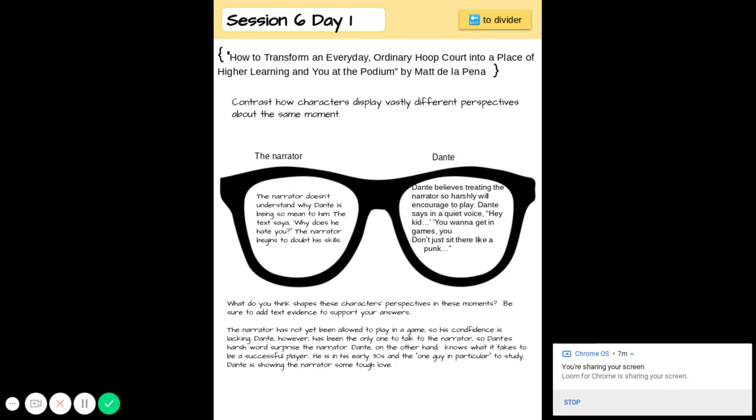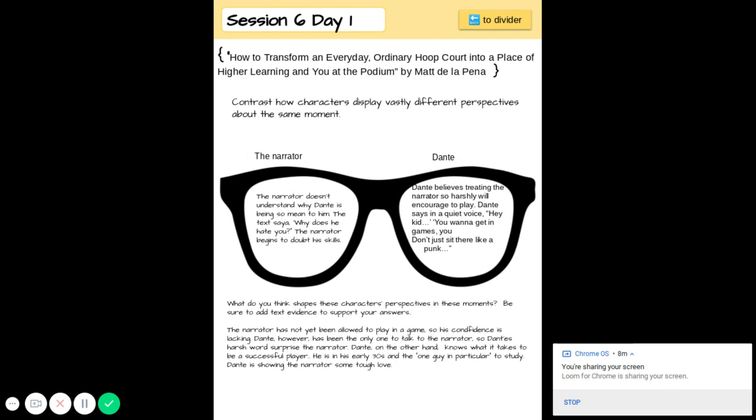The moment that I chose was where the narrator's not getting any playing time, and he so badly wants to play, and he's just sitting there in the stands, not really doing anything. The narrator doesn't understand why Dante is being so mean to him. And the text says, why does he hate you? The narrator begins to doubt his skills.